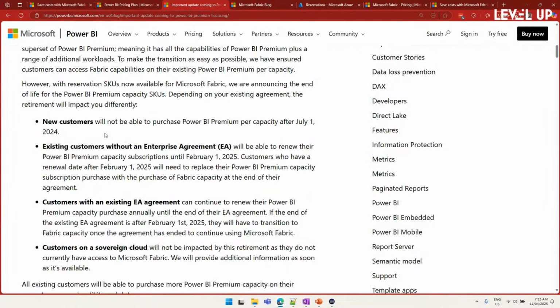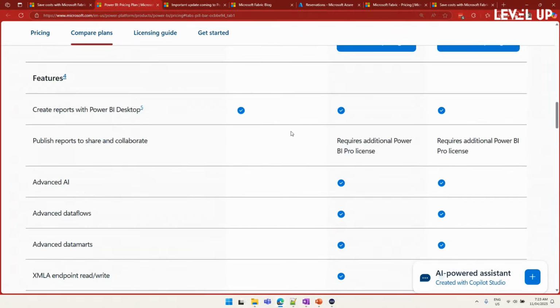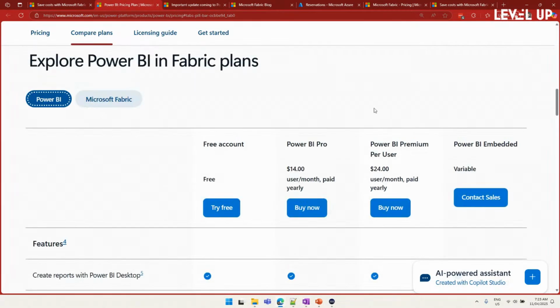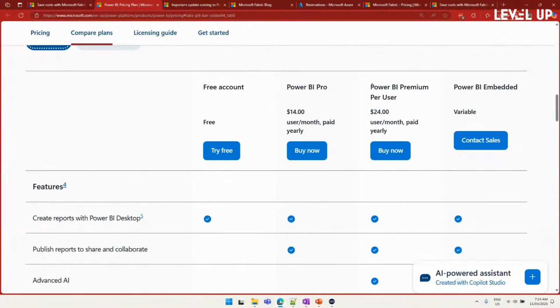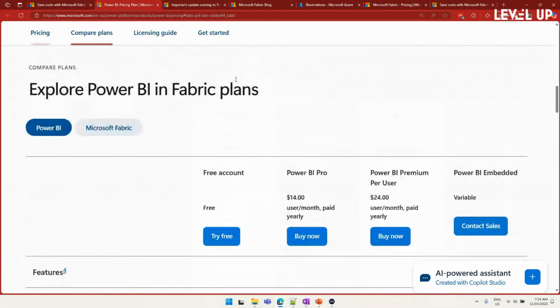In a sense, this is good from a Microsoft point of view, because they are simplifying how they do licensing. So if you have Power BI Premium, now you have to move to a Microsoft Fabric capacity option. And you can see, when we were looking at the options, Power BI Premium, not Premium per user, but Premium, is no longer available in their offering.